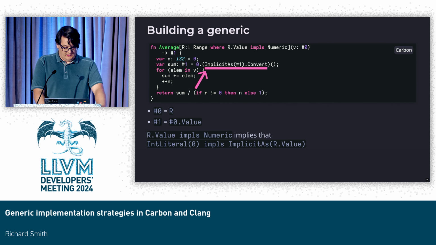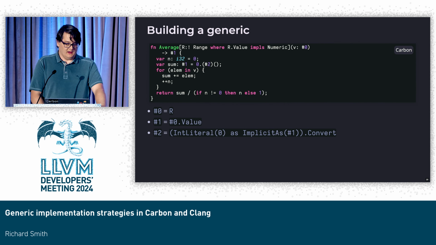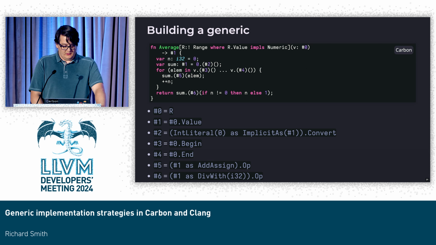And so our slot 2 is going to become the value of that function treated as a value. And so on through the rest of this generic. We can convert these things into slots and replace the uses with slot indexes until we're left with a representation of the generic that doesn't directly reference any of its own parameters, just references slots within its representation, plus a table of slots saying what the symbolic values that live in those slots are.